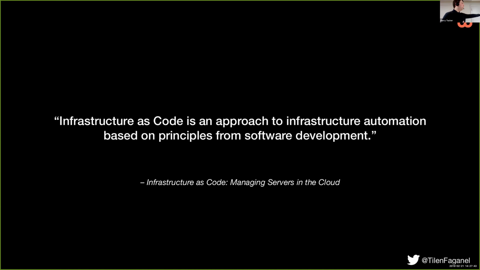One of the quotes from the book Infrastructure as Code: Managing Servers in the Cloud, a good book by the way, is that infrastructure as code is an approach to infrastructure automation based on principles from software development. So it's not only describing your code, but applying everything we've already learned and continue learning from software development and using it here.